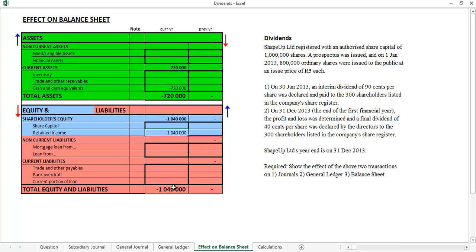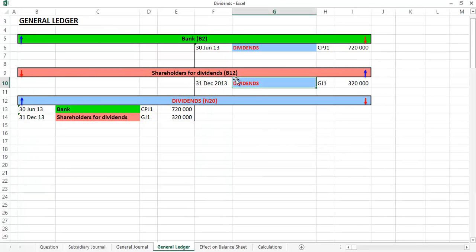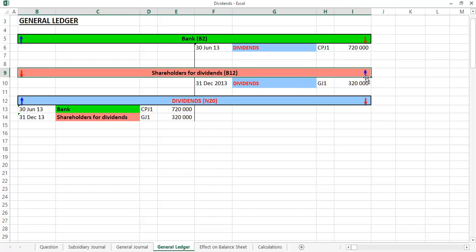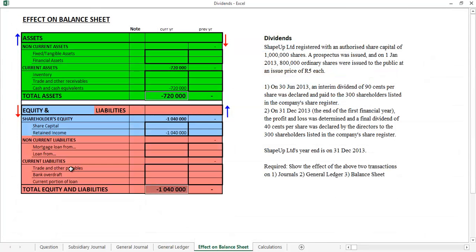Good. Obviously you can see here we are not done because my total assets is not equal to total equities and liabilities. So what we need to do is record the second leg of this transaction, which was the crediting of the shareholders for dividends, which causes my liabilities to increase. So I go to my liabilities. This is going to form part of the current liabilities because I'll probably pay that within the next 12 months. We declared it on 31 December 2013.